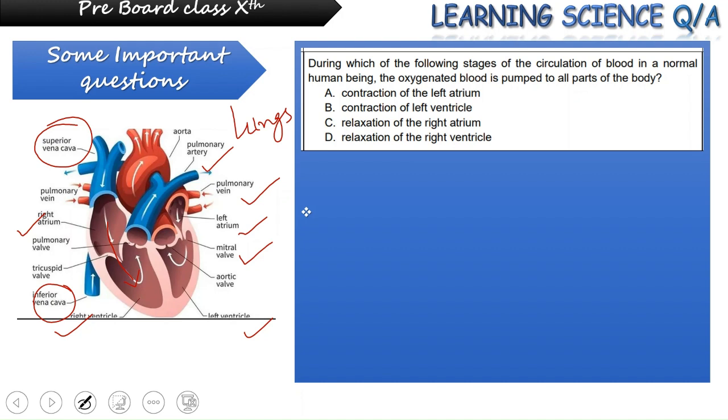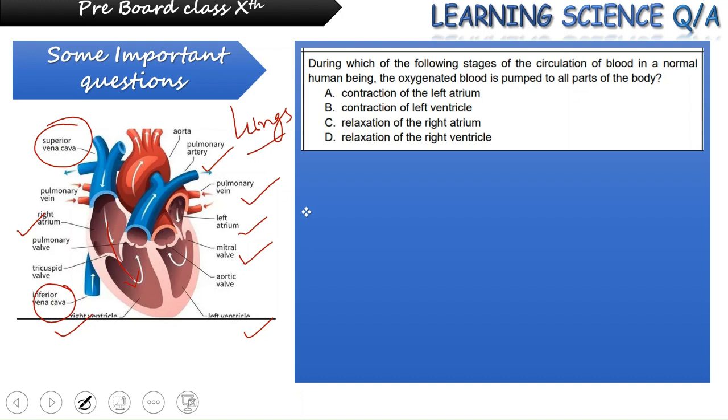Now, with the contraction of the right ventricle, the deoxygenated blood goes to the lungs for oxygenation via pulmonary arteries. Also, with the contraction of the left ventricle, via the aorta, the blood goes to all body parts.